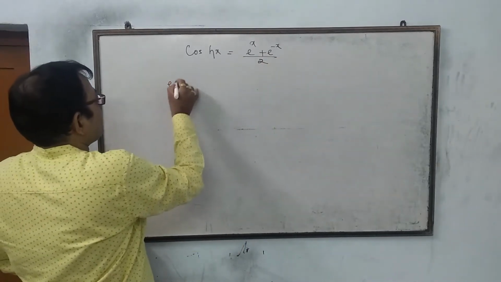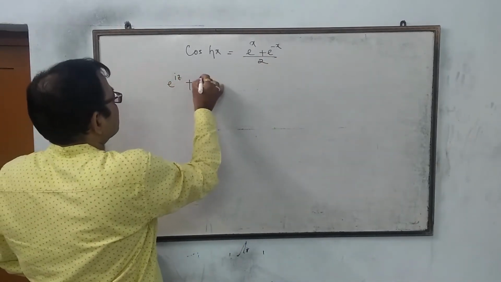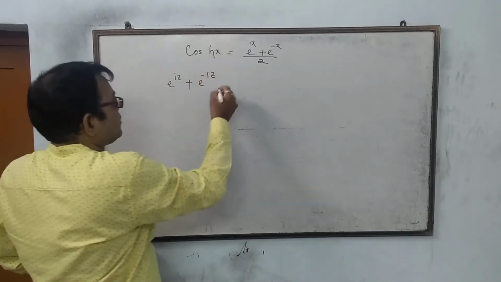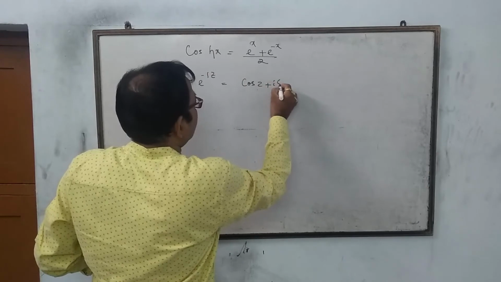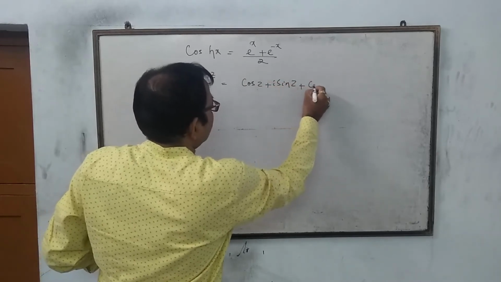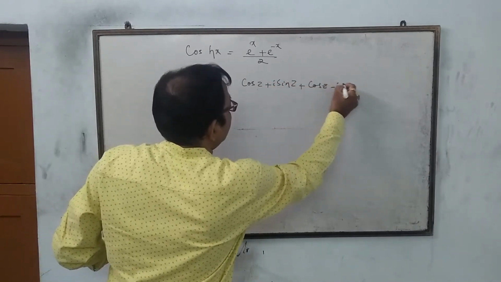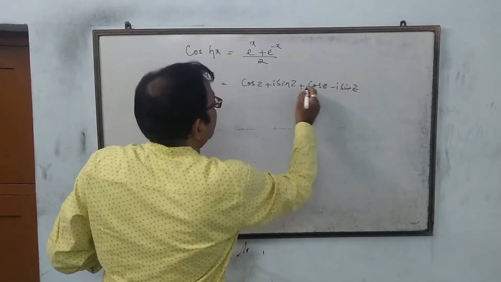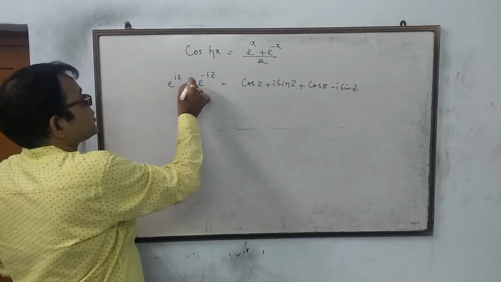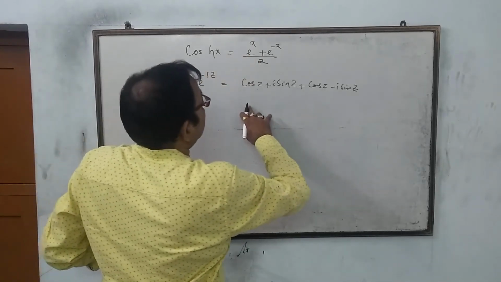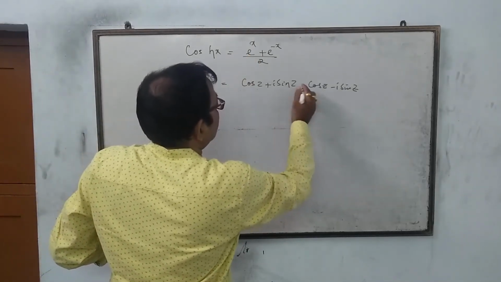If I take e to the power iz minus e to the power of minus iz, your answer would be cos z plus i sin z minus cos z minus i sin z. Because we already have it in terms of plus, it will be minus.